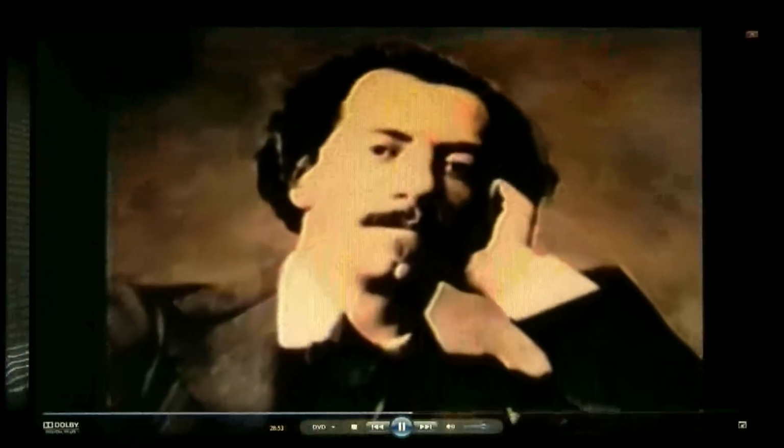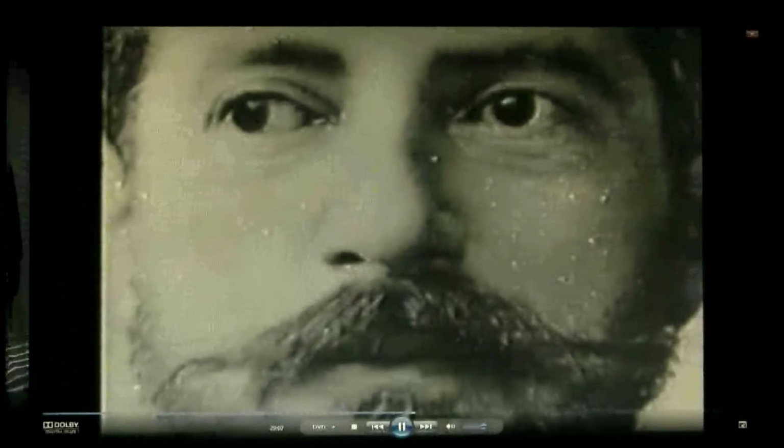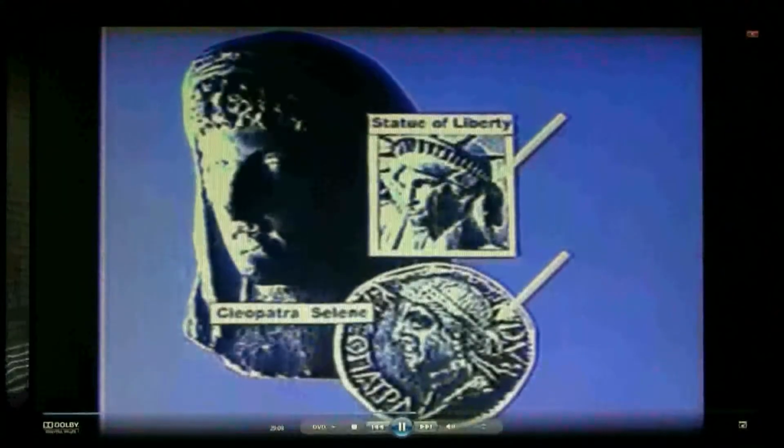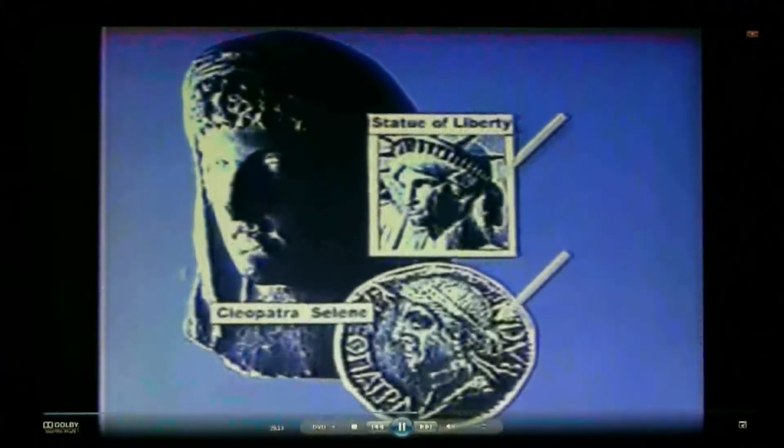Its designer was French Freemason Frederick Auguste Bartholdi, who traveled extensively throughout Egypt. Bartholdi was silent about who the woman was that served as his inspiration for the statue, but there is only one woman whose face closely matches the uniquely masculine features of the Statue of Liberty, Caesarion's half-sister Selene.